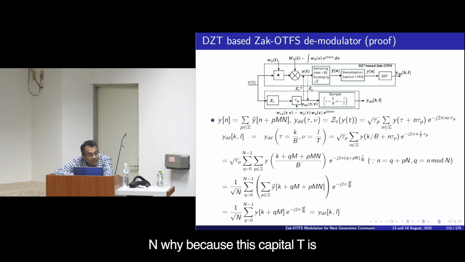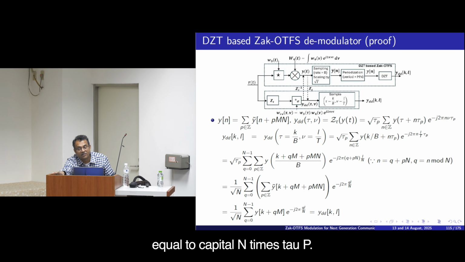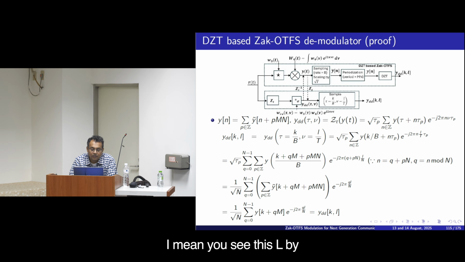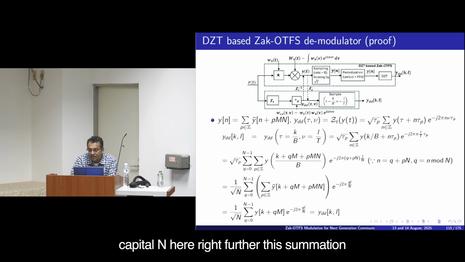Because this capital T is equal to capital N times tau_p. So, the tau_p will get cancelled, only capital N will remain here. So, it will become n times small l by capital N. Let us remember that. You see this l by capital N here.